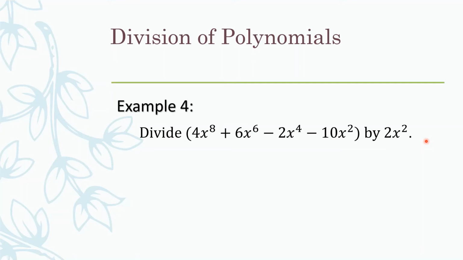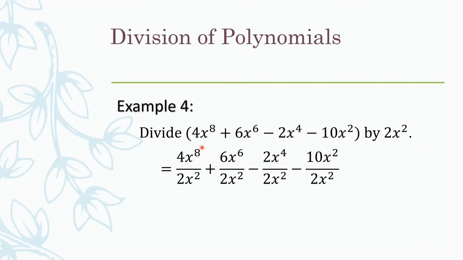So how do we do that? First, every term must be divided by the divisor. So, 4x raised to the 8th power, dinivide natin siya by 2x squared. Same with the second term, the third term, and the last term.